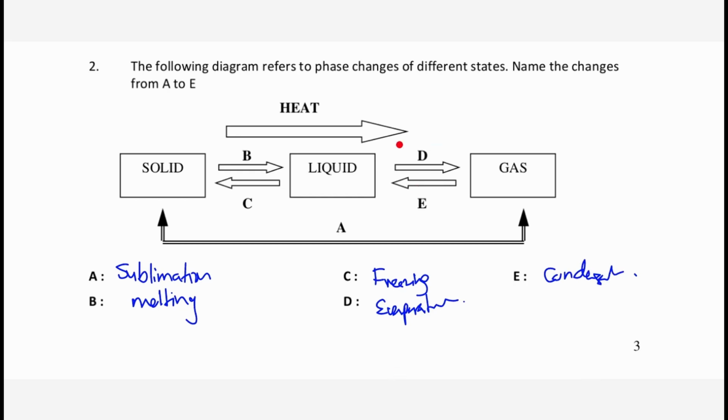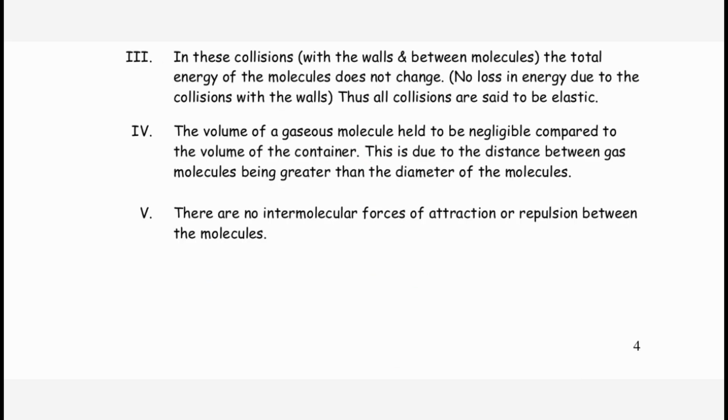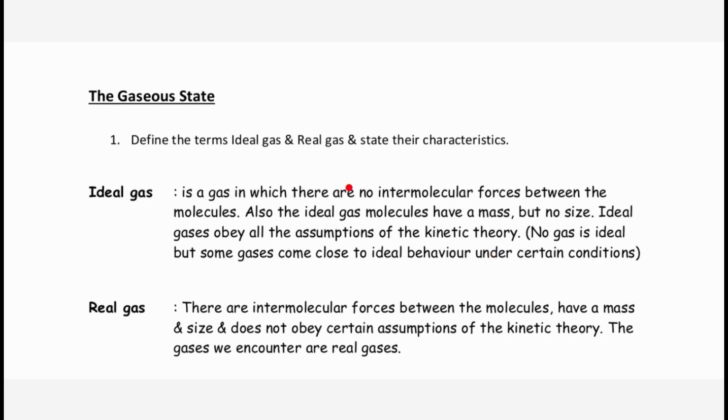Right. So let's see about the next, what are ideal and real gases. In fact, the real gases are the gases which you actually come across. All the gases which you come across are real gases, which means there are intermolecular forces.